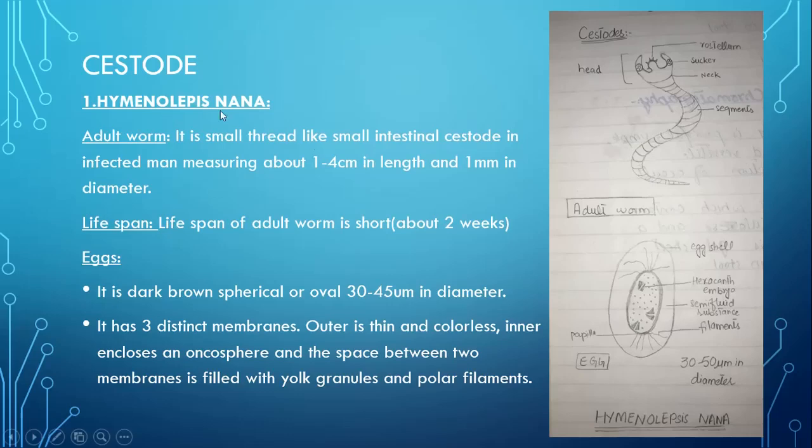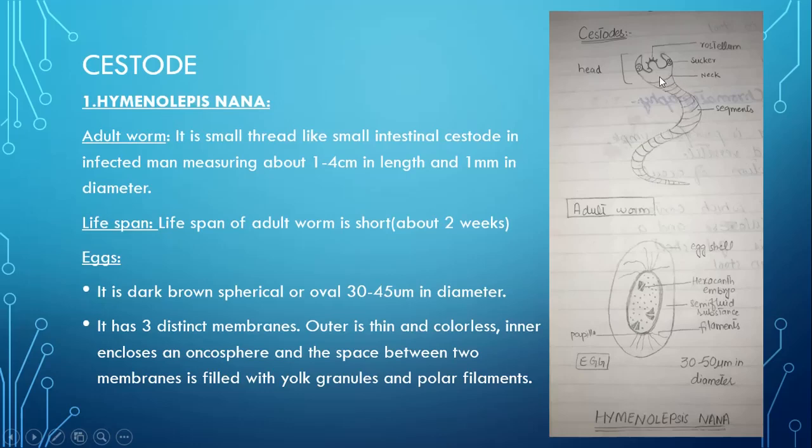Okay, so first of all, Hymenolepis nana. The adult worm is a small, thread-like small intestinal cestode in infected man, measuring about 1 to 4 centimeters in length and 1 millimeter in diameter. As you can see here in the picture, the adult worm has a head and the other body part has some segments.